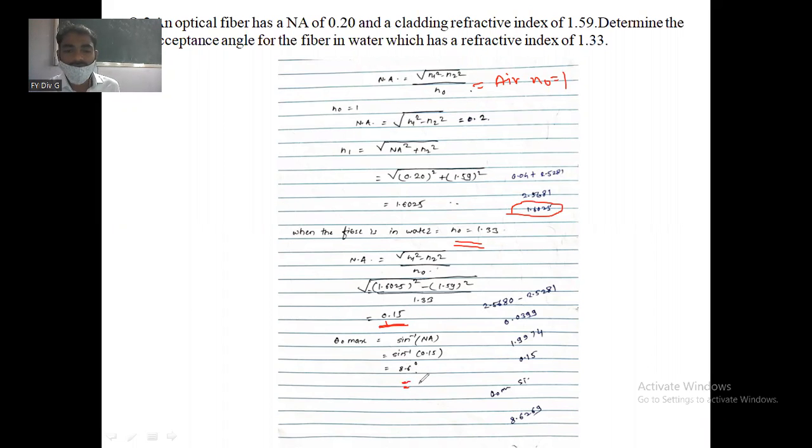If we put the value of NA 0.15, what we get? We get theta 0 is equal to 8.6.